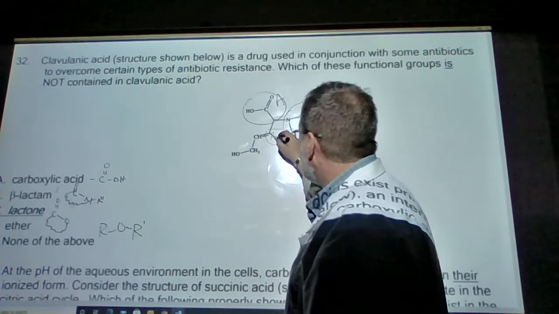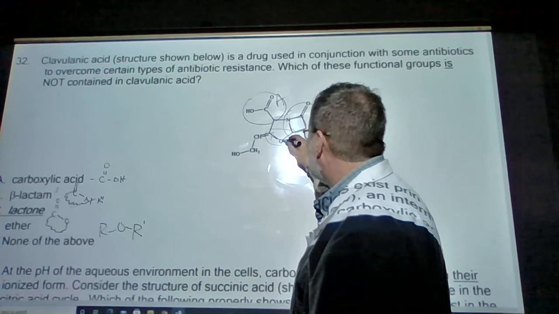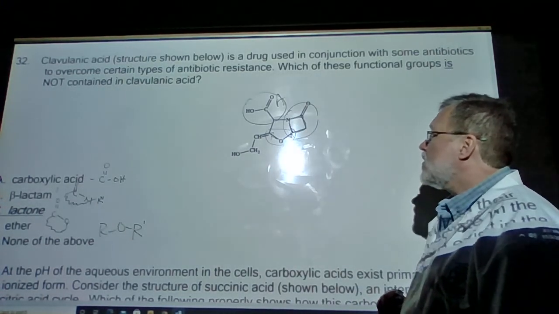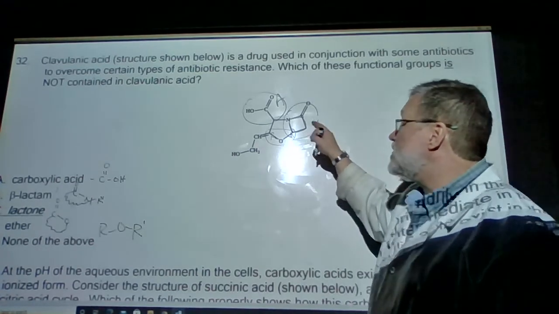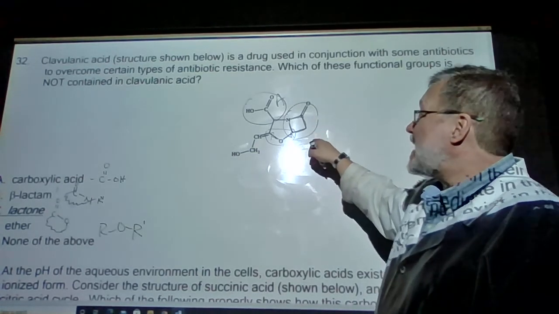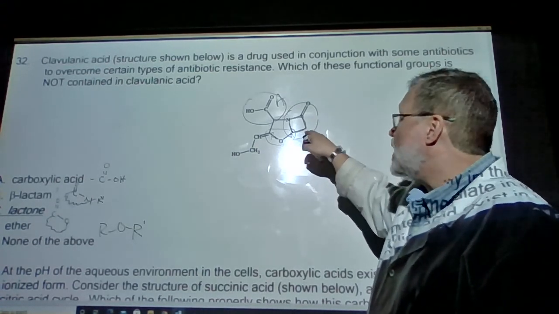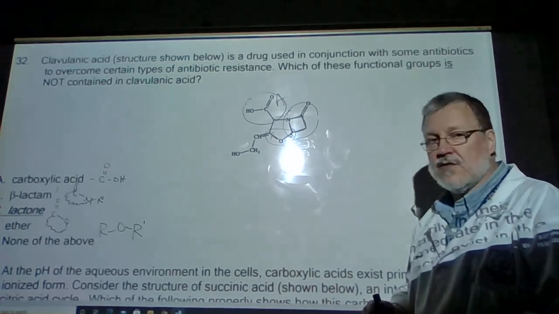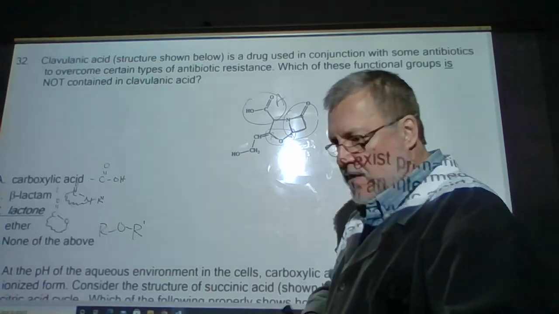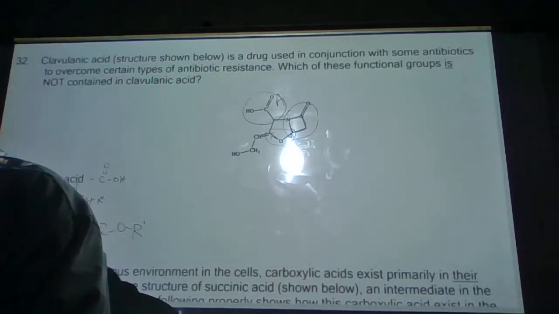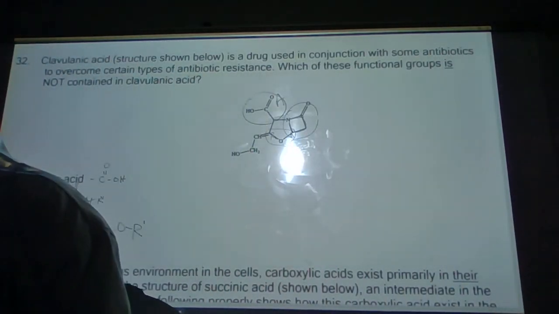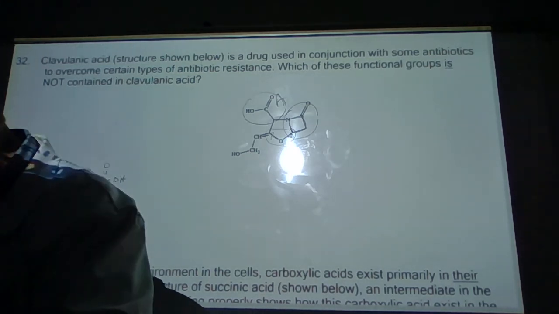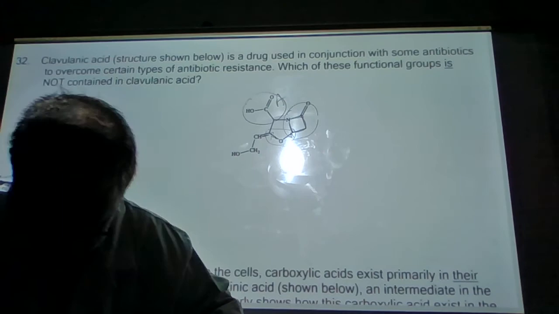Here we have one carbon-containing group bonded to our oxygen, bonded to a different carbon-containing group. So the answer here is in clavulanic acid, there is no lactone. All the other functional groups are present in the molecule. And let me see, was that it? Yes, that's it.